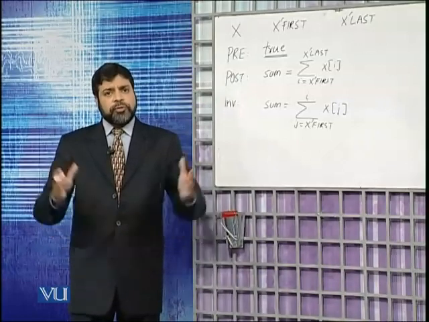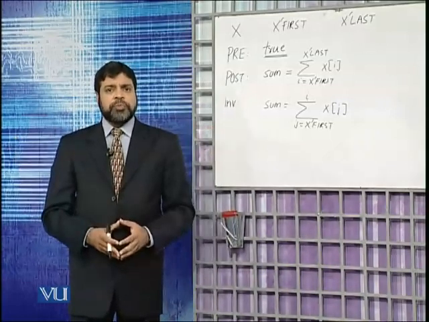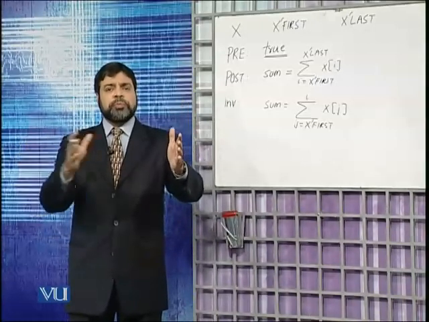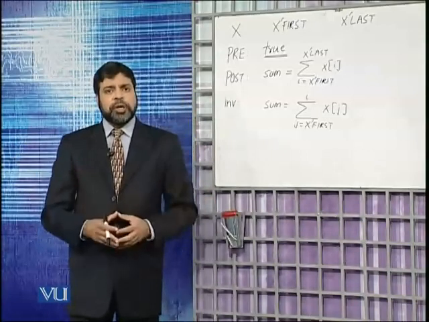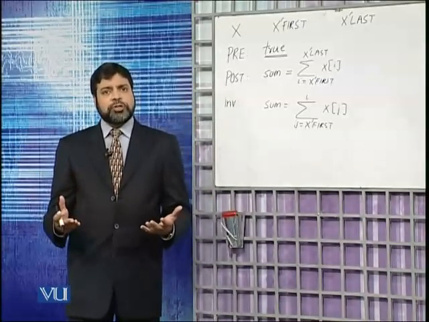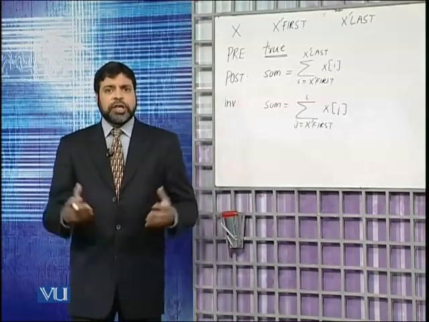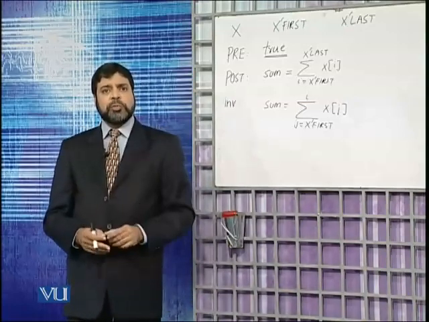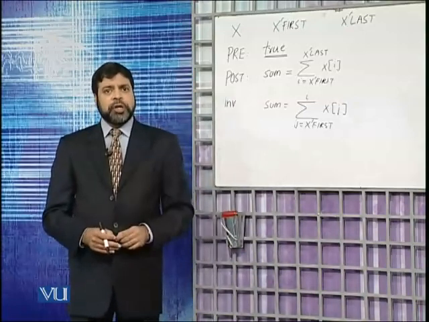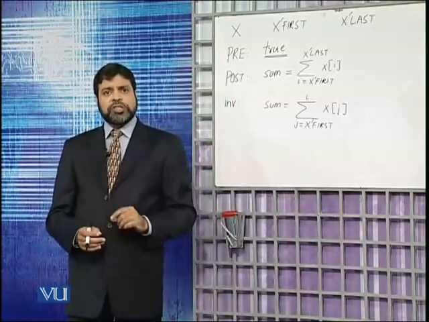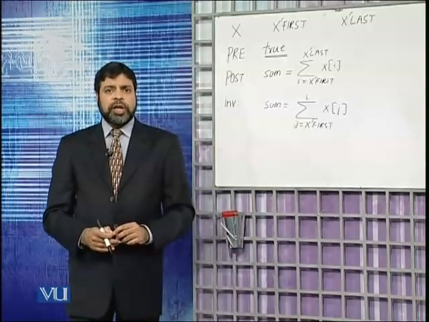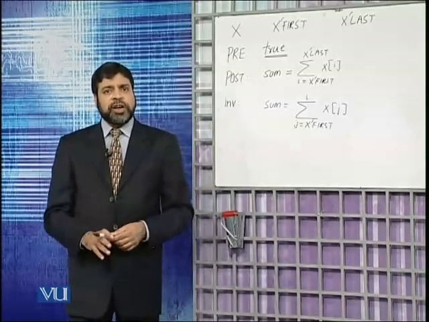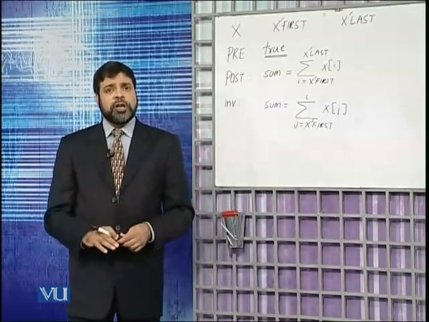So we have this array, the size of the array is the last minus first plus 1. So the number of times this loop should execute is equal to the size of the array. But here we have a small hitch, and I will write the bound function slightly differently, and you can see why I have done it. We can talk about it a little later.